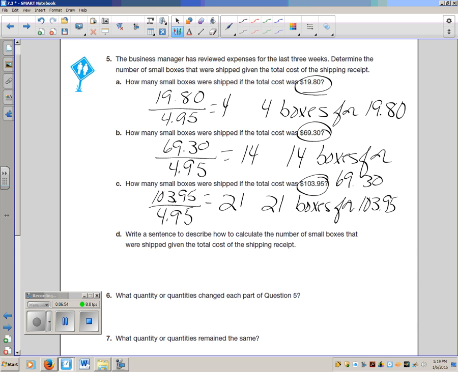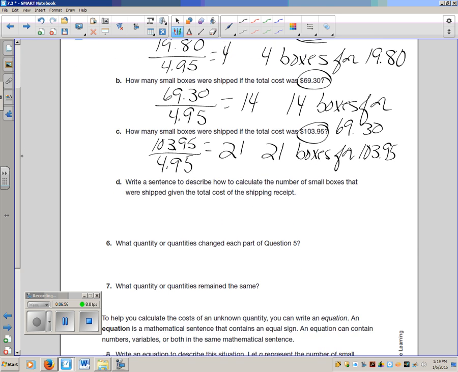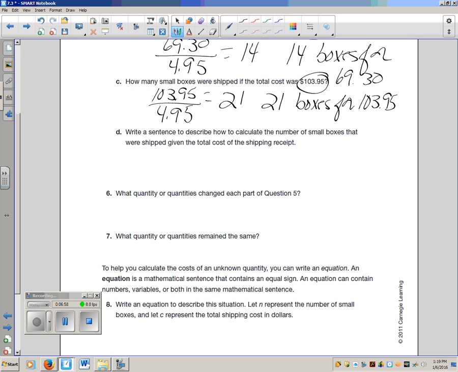Write the sentence to describe how to calculate the number of small boxes given the total cost. Total cost divided by cost of 1 box. What quantity or quantities changed?